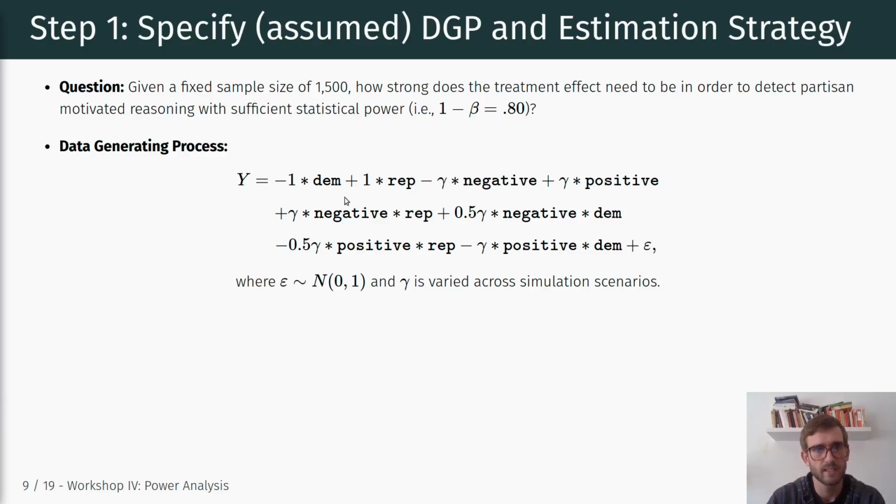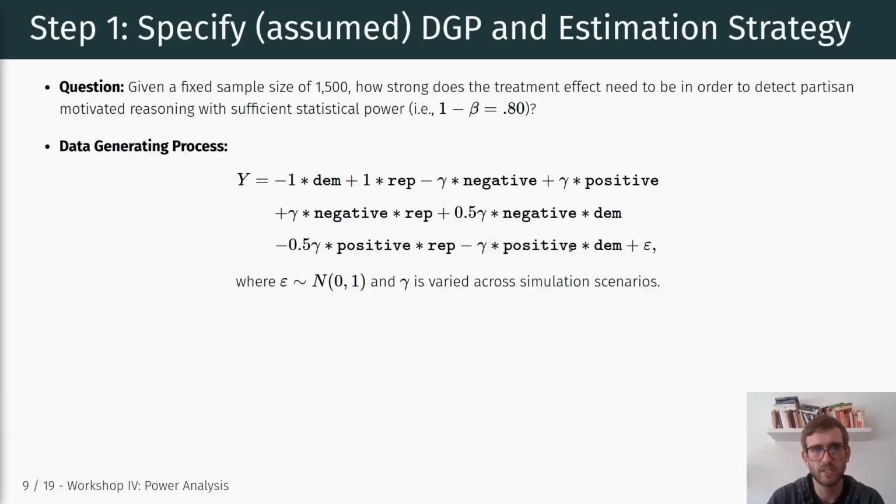To model that, the negative effect of the negative framing is completely washed out among Republicans. So only independents and Democrats are actually affected by this negative framing. For Republicans, this cancels out, basically. That's the assumption.